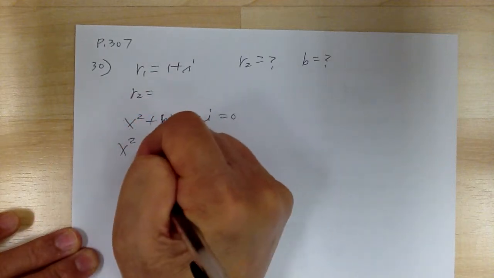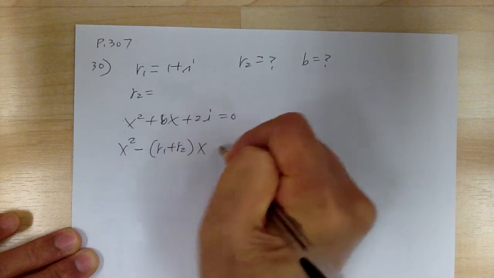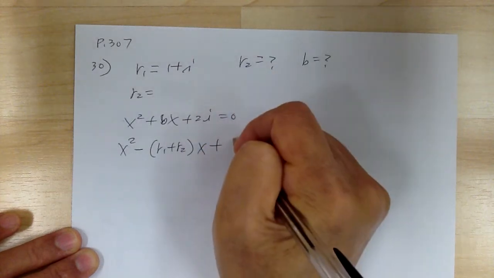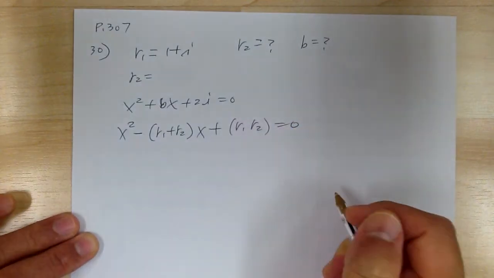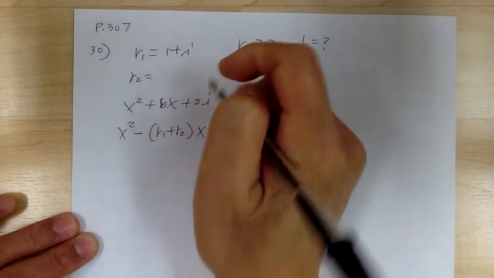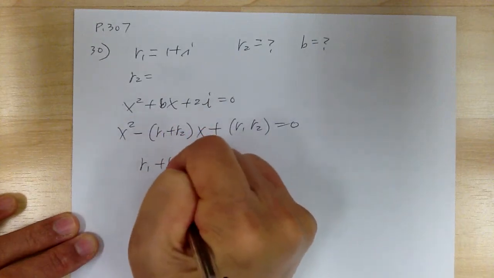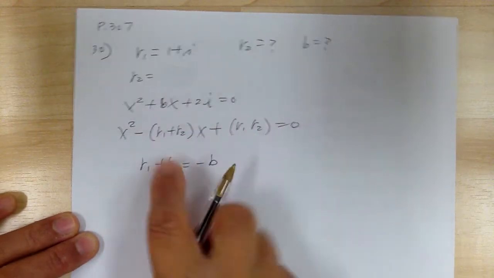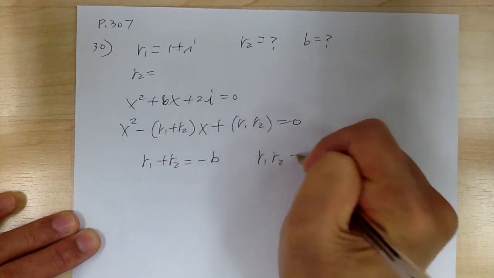So you got x squared minus (r1 plus r2) x plus r1 r2 equal to 0. Well, actually, this is not a conjugate because you have an I over here. Okay, so let's just go and match it up. So R1 plus R2 equal to negative B. Right? You have to watch the sign. And you have R1 R2 equal to 2I.